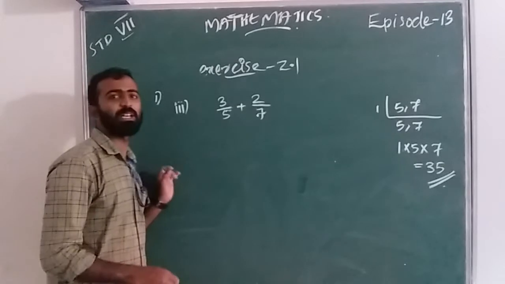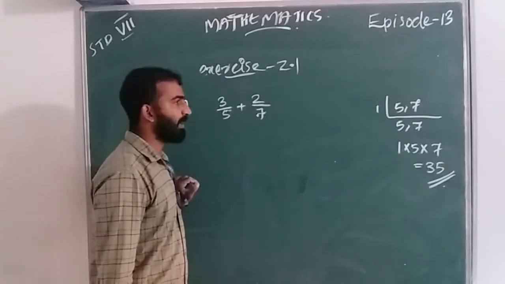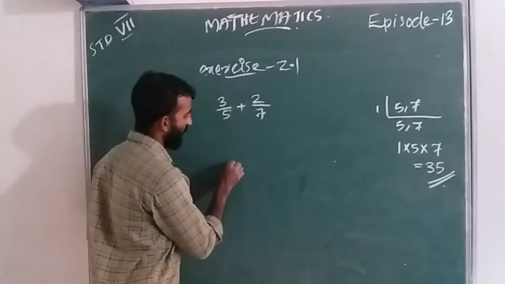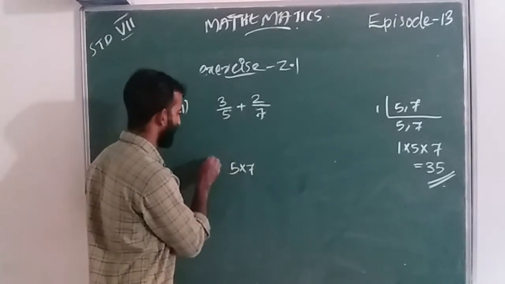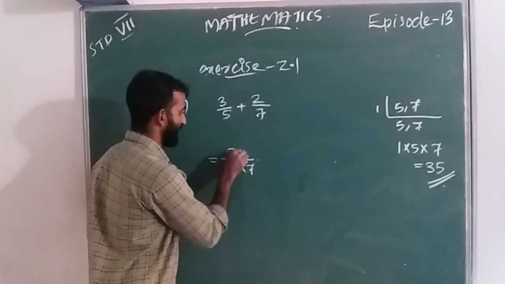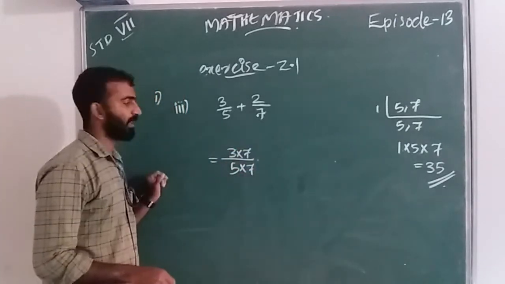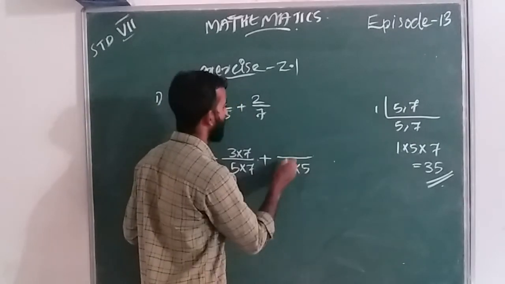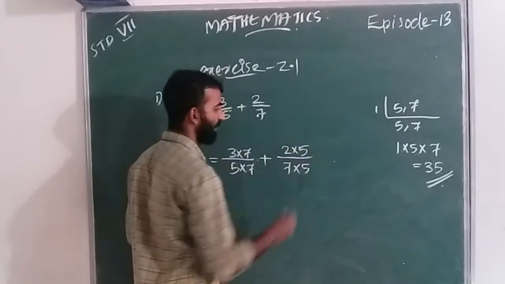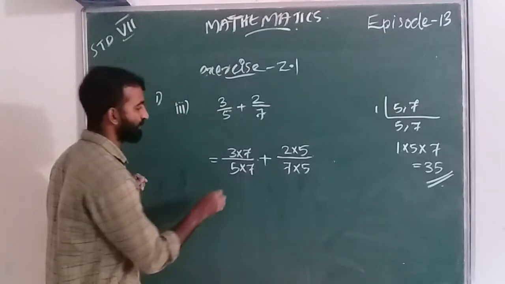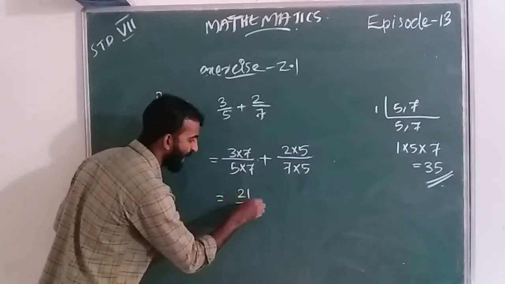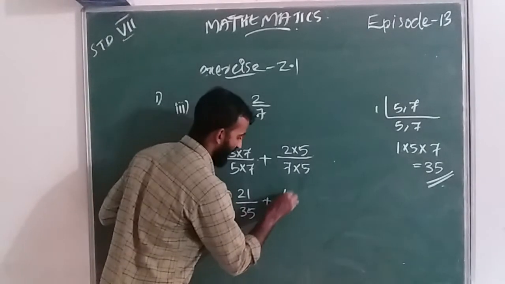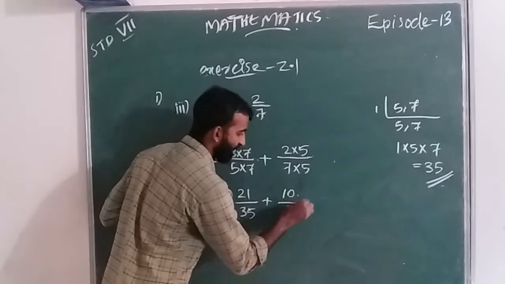Here we want to convert the denominators to the LCM. So 3 into 7 by 5 into 7, plus 2 into 5 by 7 into 5. That is 21 by 35 plus 10 by 35.